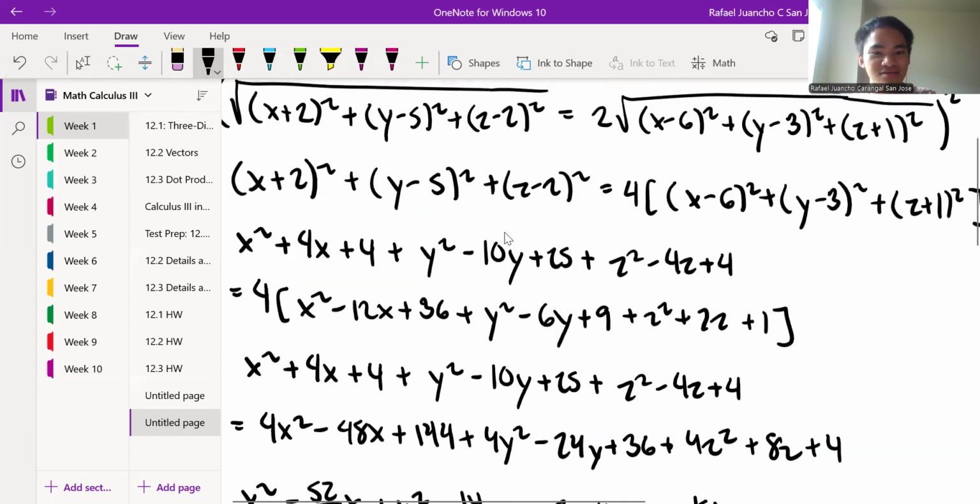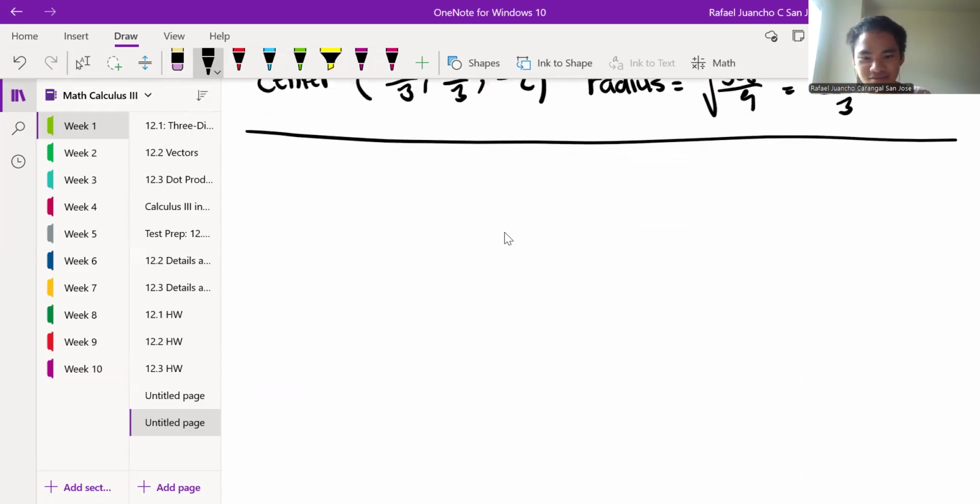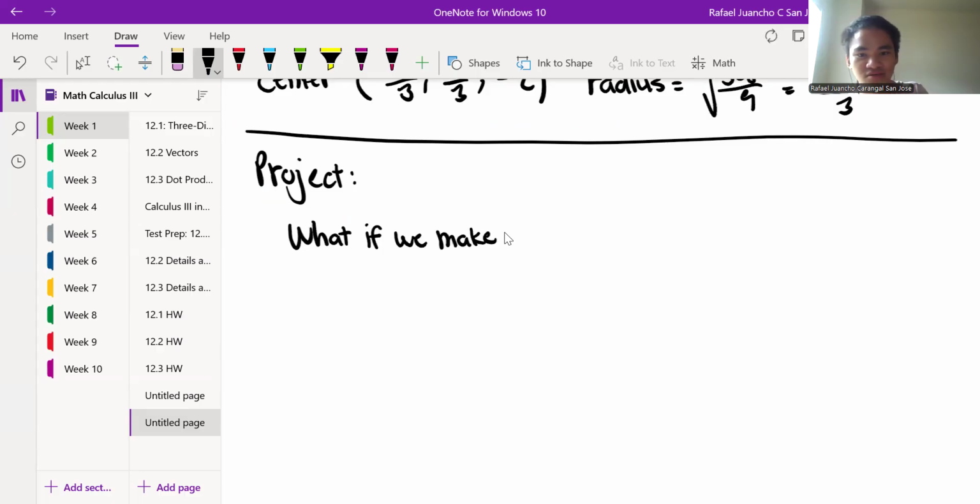So that's the suggested project. For our project here, what if we make our multiplier general?